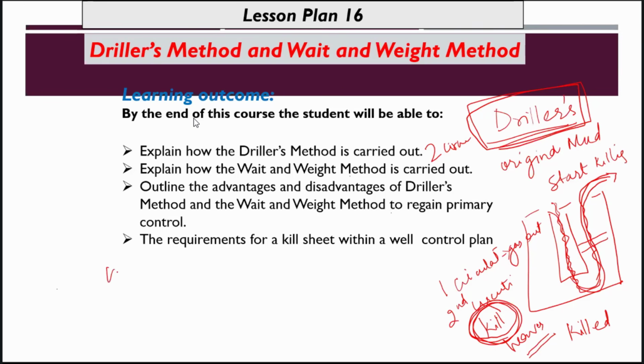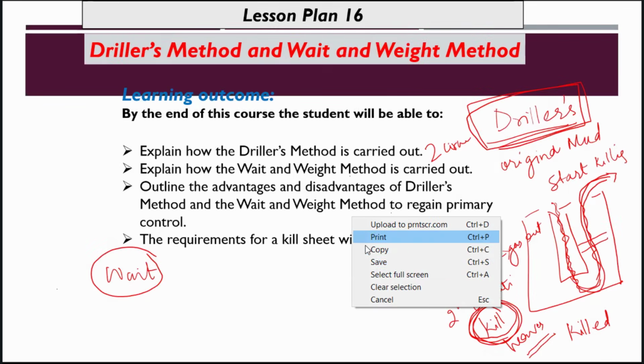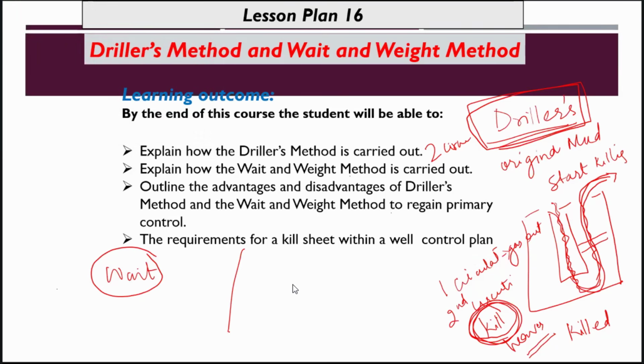But wait and weight method is what? Wait, as the name suggests, wait. First you are waiting. Waiting for what? To prepare the kill mud, okay? You prepare the kill mud, and this is your well, this is your influx. So you start the operation with your heavy mud only. You start pumping the kill mud.